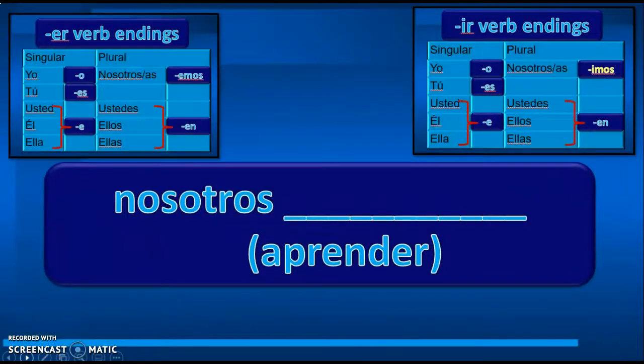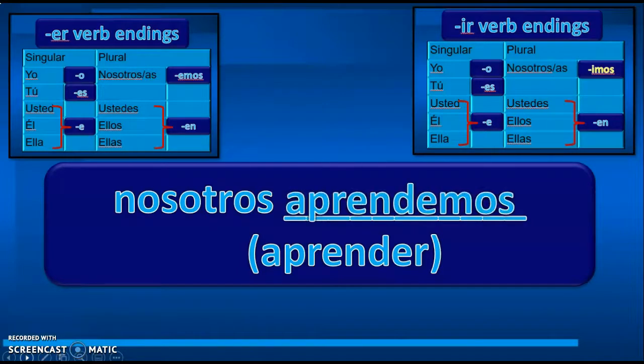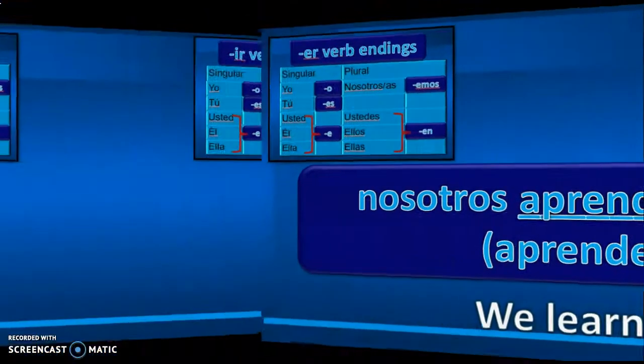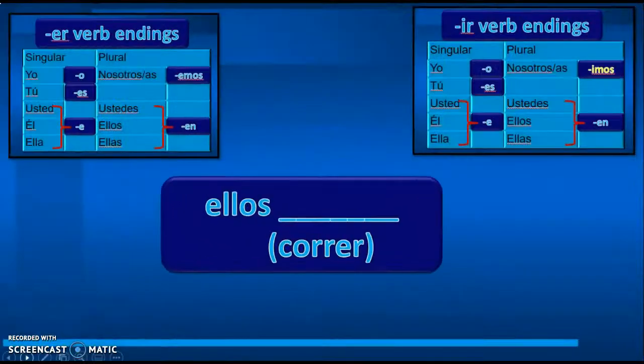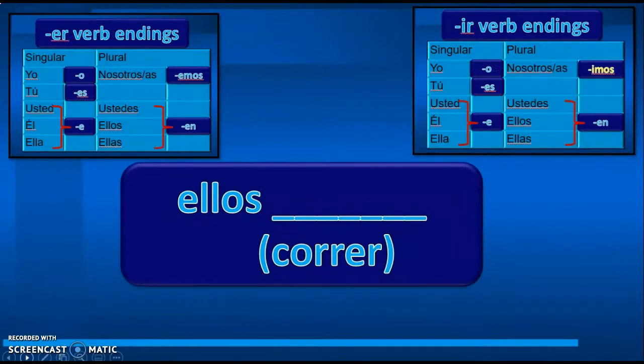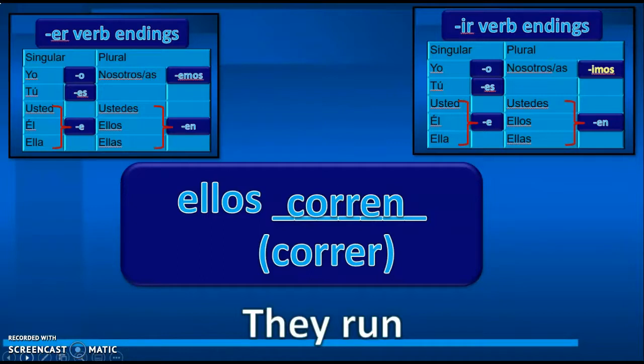If your subject is nosotros and your verb is aprender, it's an ER verb. So you look at the chart for ER verbs and you see that the ending for nosotros is emos. So you have aprendemos. We learn. If your subject is ellos and your verb is correr, you would choose the ending en. Ellos corren. They run.